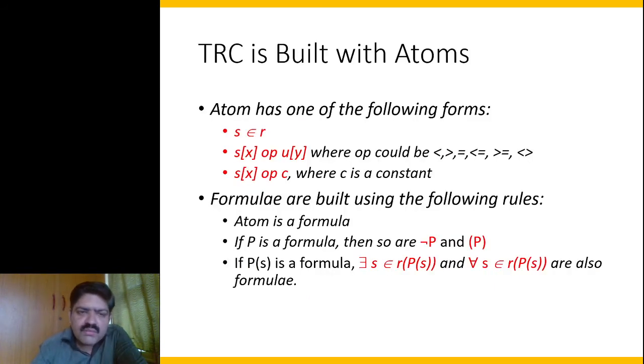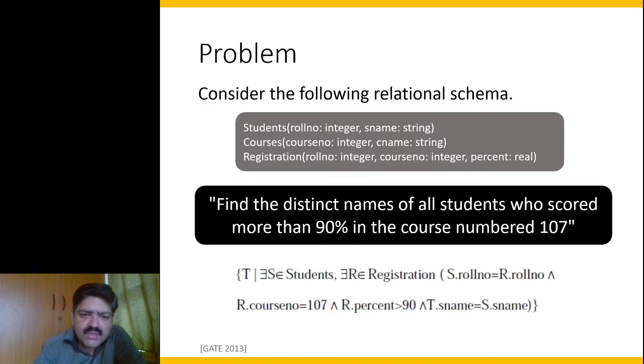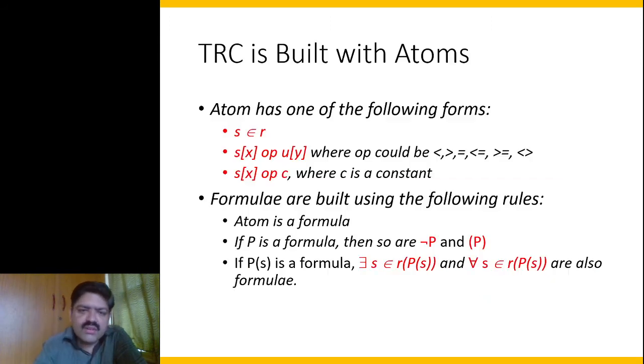As you must have observed, TRC expressions are built with atoms. So we call each part of the expression an atom. For example, here is an atom, here is another atom, and these two are related through a conjunction that makes it an atom of atoms, and so on. So that's what we call a formula.